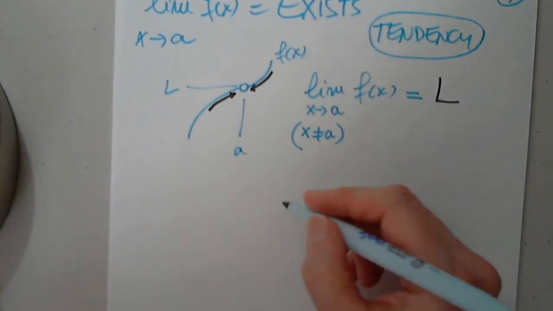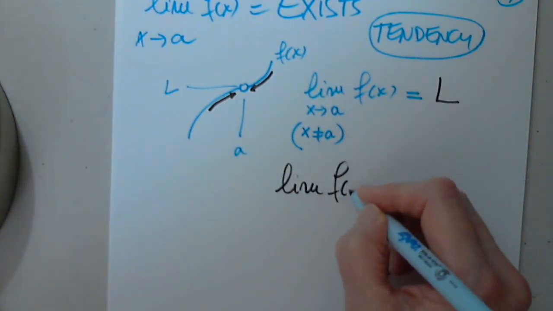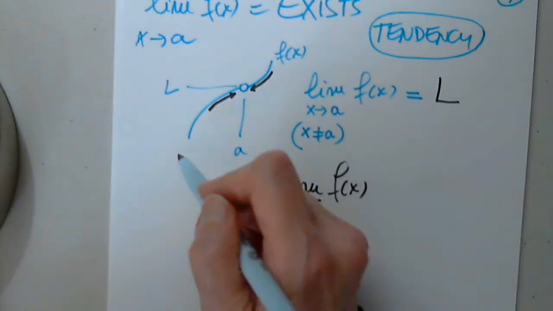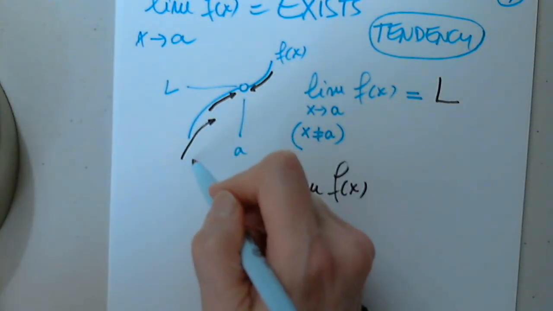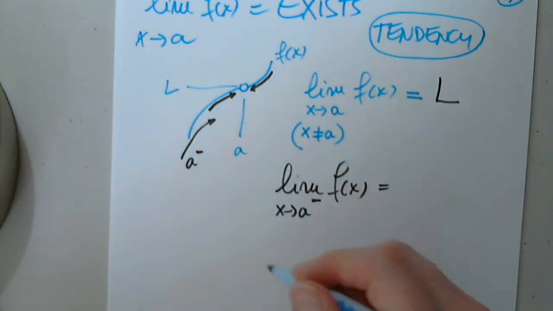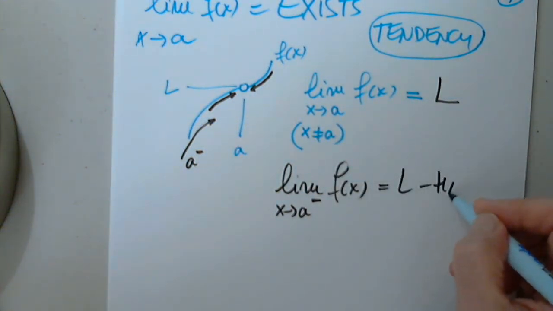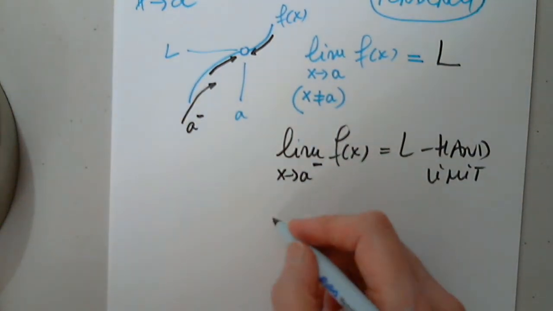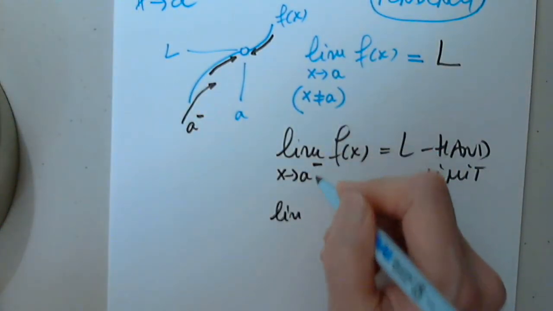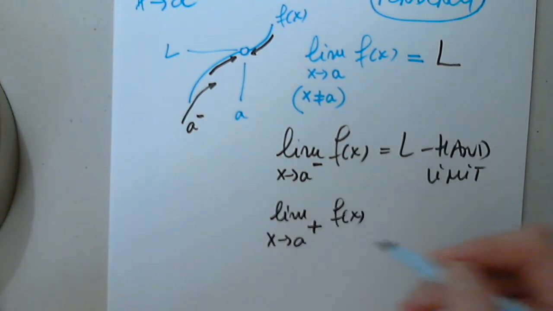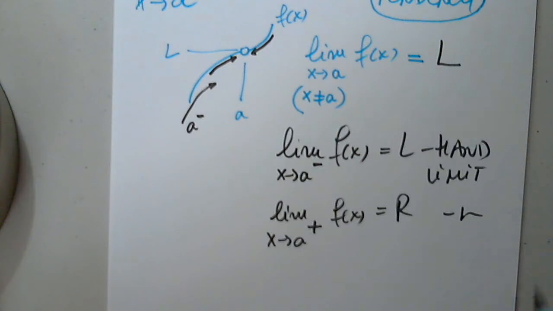So we also have something called the limit of f of x as x approaches A from the left, meaning with numbers smaller than A. This is the left-hand limit. And of course, we have something, this is a power minus. X approaches a power plus, of course, is the right-hand limit.